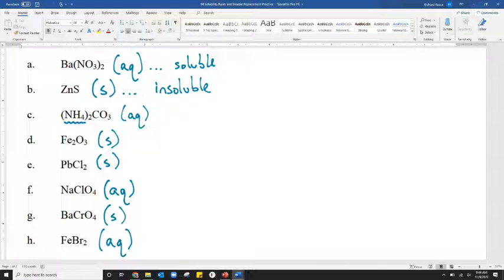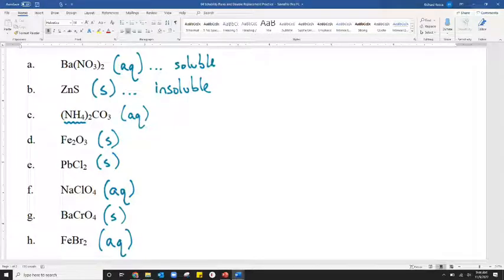Yeah, I have a question about G. How come I got soluble for G? I'm just confused because wouldn't it be an oxide if it has oxygen?